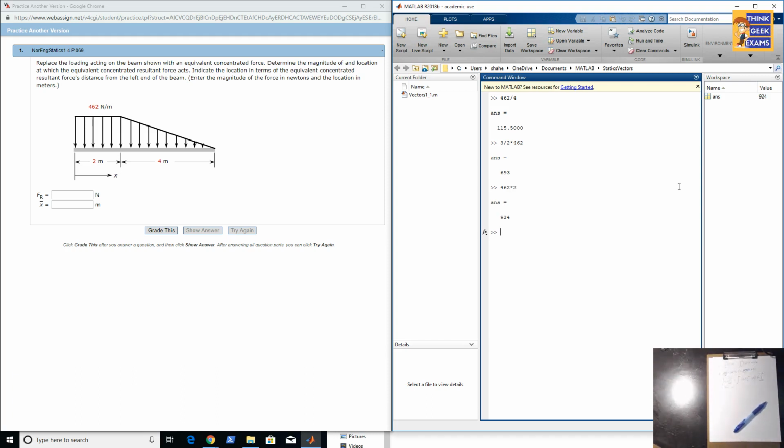And the next part is 6 squared divided by 2 times negative 115.5 plus 693 times 6, and this is only the first part.